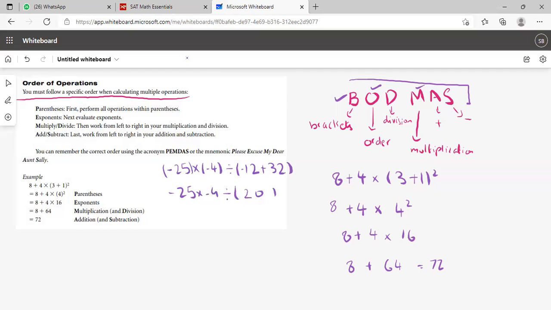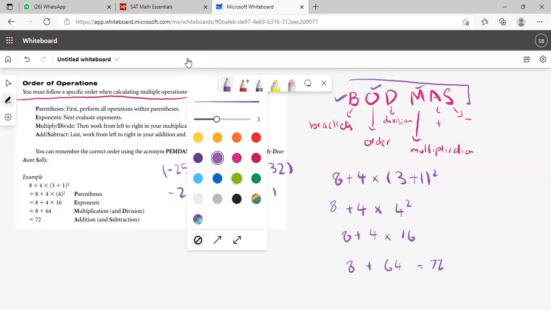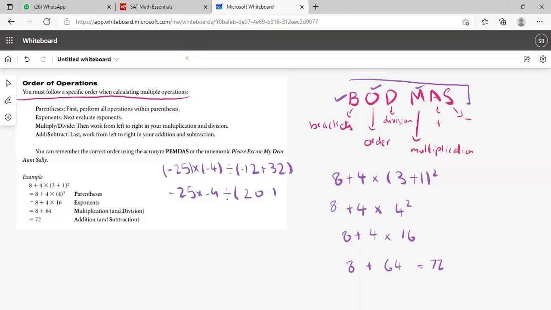We are going to multiply 25 and minus 4. That's what seems right, but according to the BODMAS rule, I think we have to divide. Excellent. We'll be dividing minus 4 by 20. Minus 25 into minus 4 divided by 20.